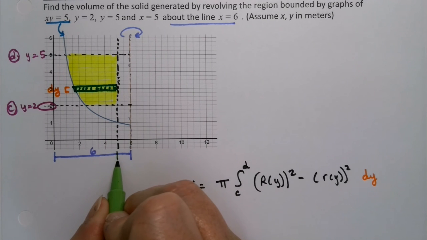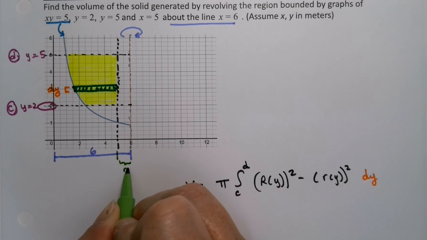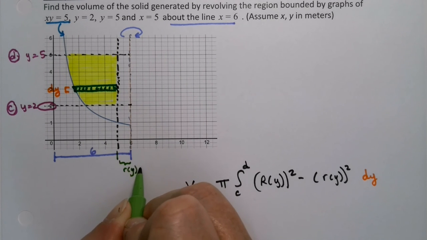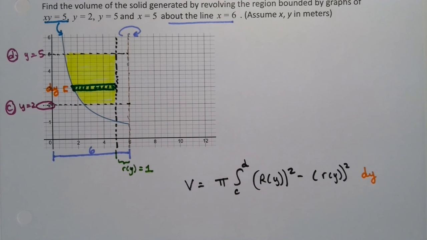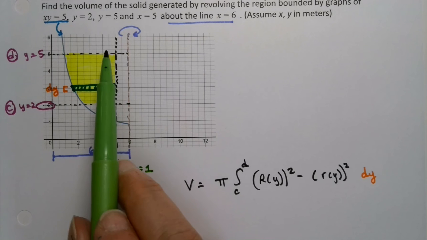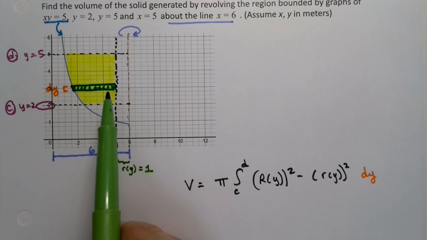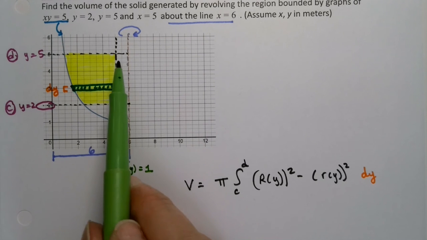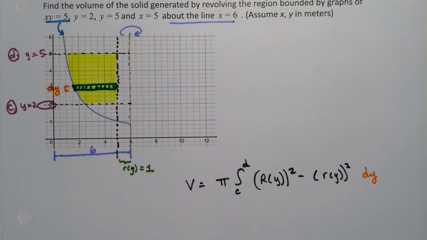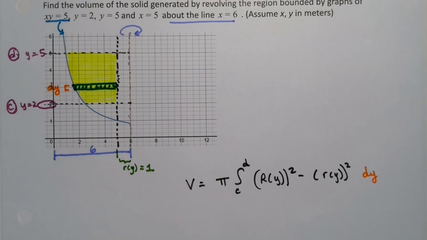So the little radius, r of y, is 1. Period, the end, no question about it, right? It has to be 1 because this is never changing. That's not a curve, it's a vertical line. So it's literally like a stack of DVDs where that inner hole is always the same. But I guess it's more like a core apple because the outer part is not the same.